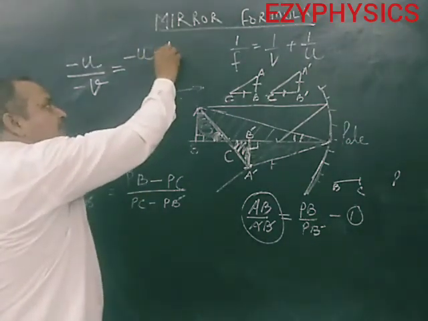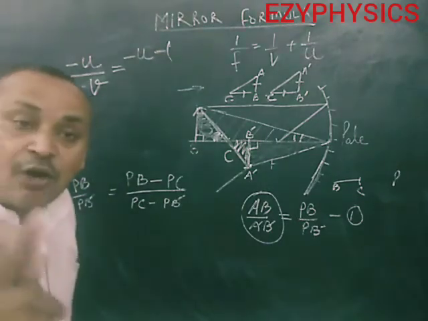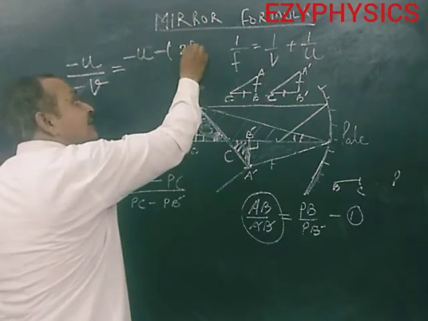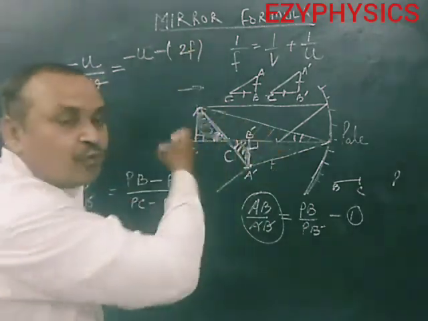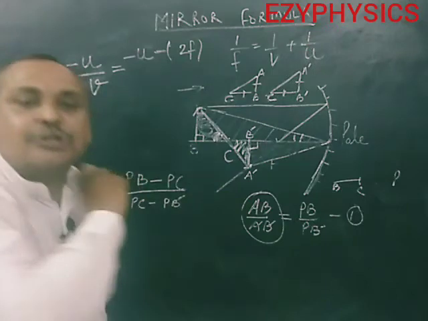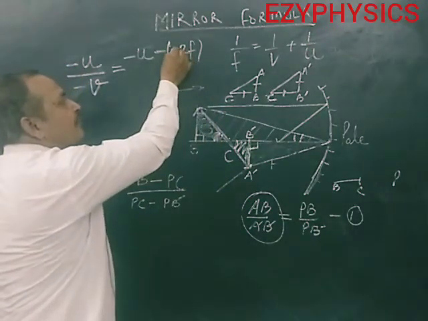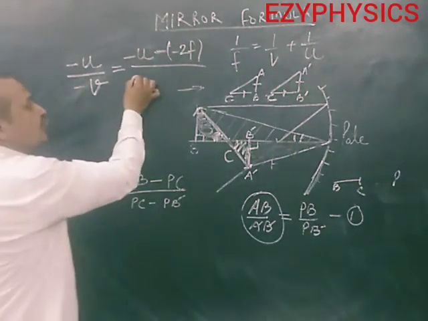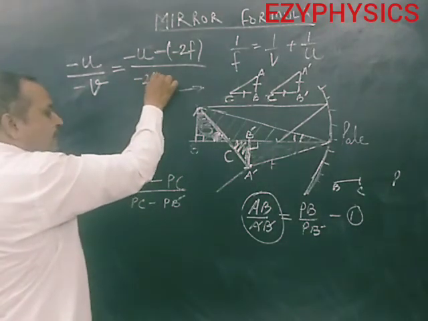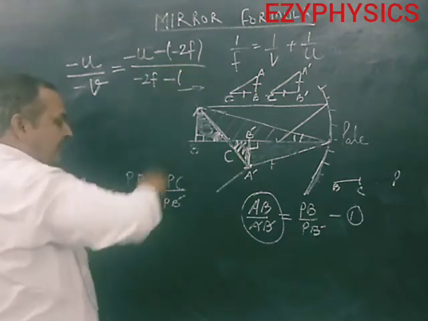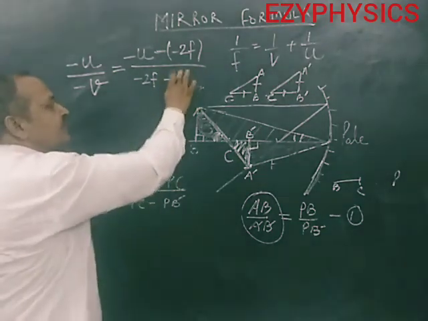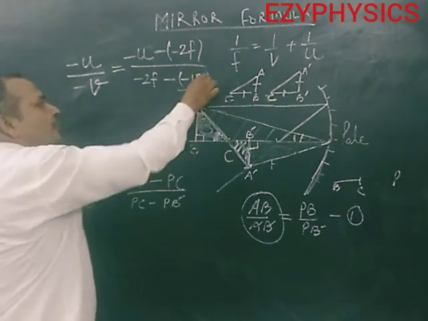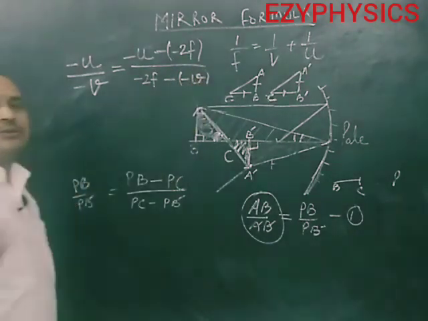And what is PC? Center of curvature, and what I told? It is 2f. But again we are moving in the direction opposite to the light, so it will be minus 2f. And what is PB dash? That you have just told me, it is minus v.